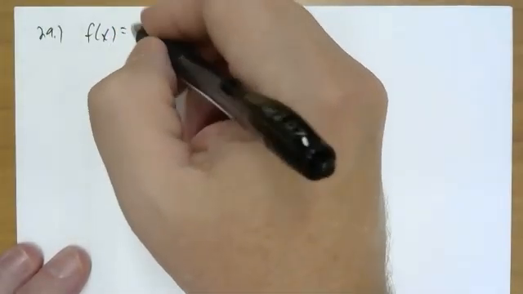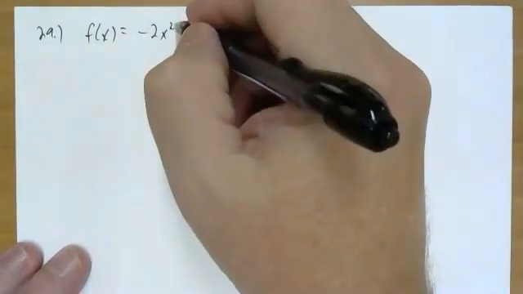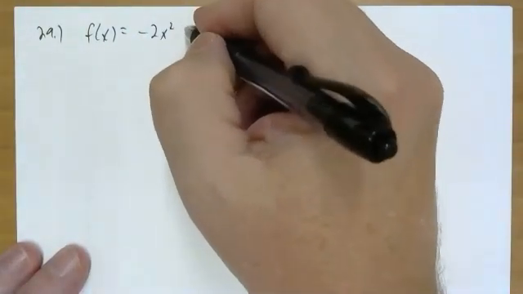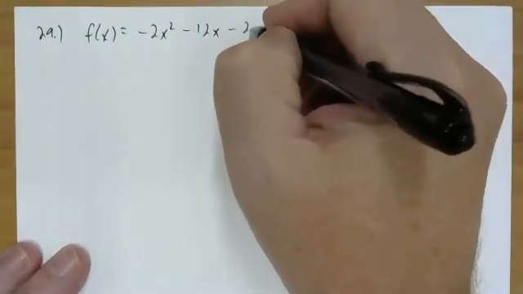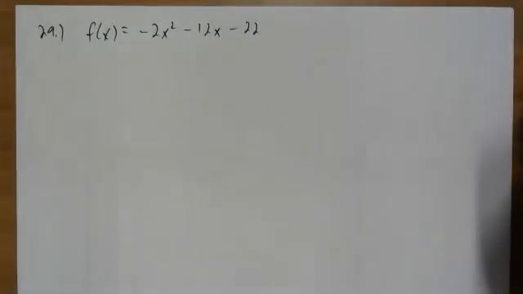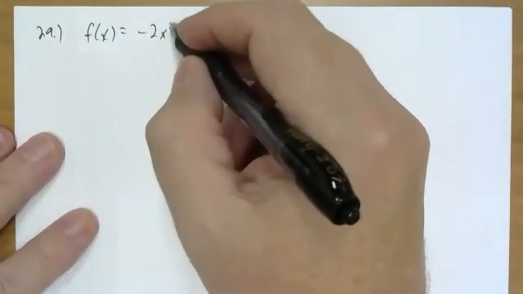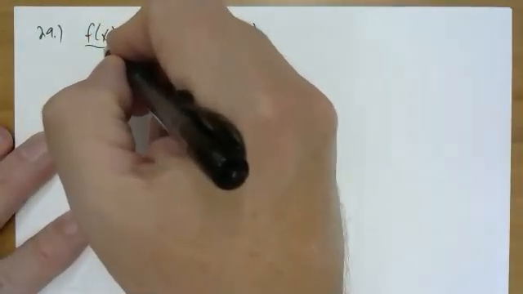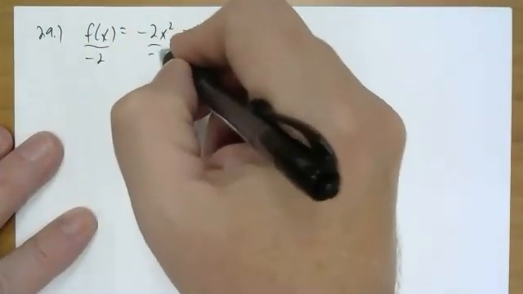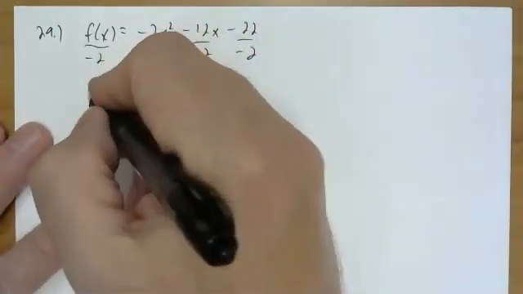Except this one is negative 2x squared minus 12x minus 22. This one's a little tricky because when I do completing the square, I can't have a coefficient or a number in front of the x squared. So to get rid of that, I'm going to have to divide everything on both sides by -2 to get rid of this -2.